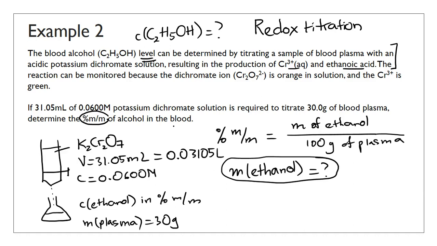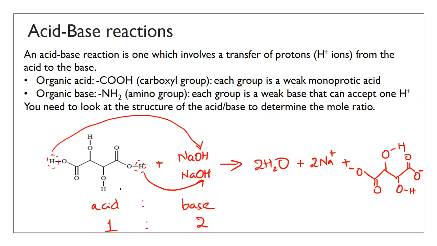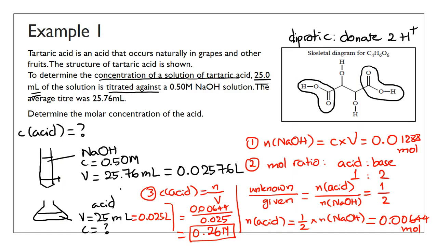Now, the issue here is you need to be able to go from potassium dichromate to ethanol. So once again, you need to make that link between potassium dichromate and ethanol. And if you go back to example 1, the link between the two substances is the mole ratio. So unless you have the mole ratio, you can't make that link.